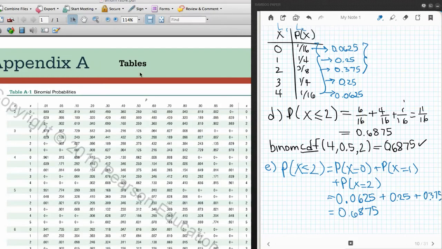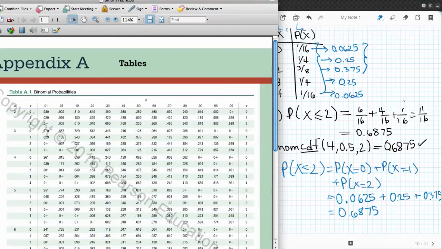Okay, so here's a binomial table. What we would be looking for in this binomial table is the n, which is an n of 4, and then a probability of success of 0.5. So we'd look right here in this table, from this value down to here. Those are the probabilities.